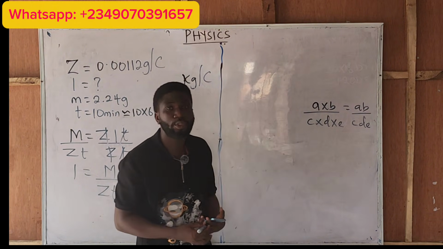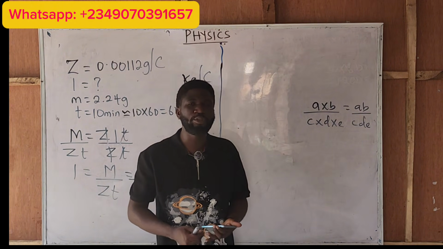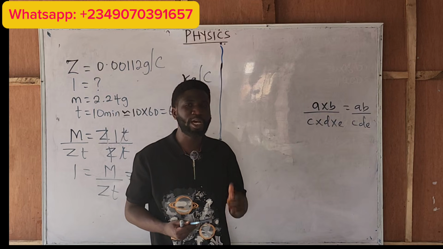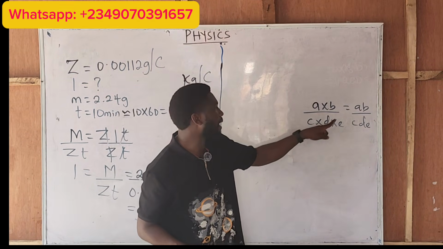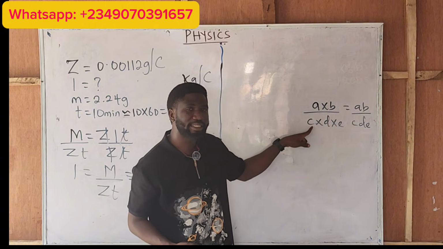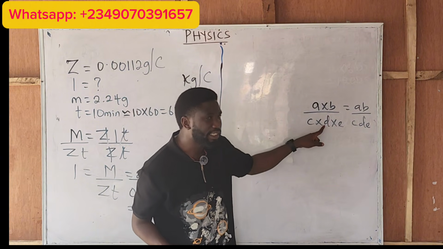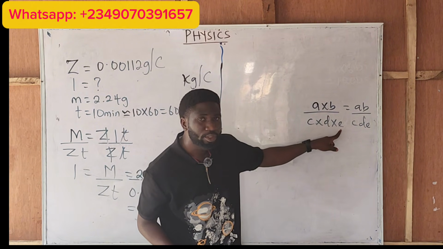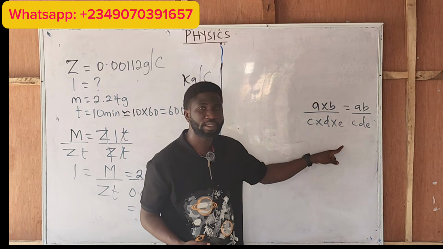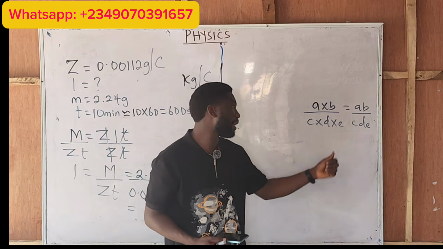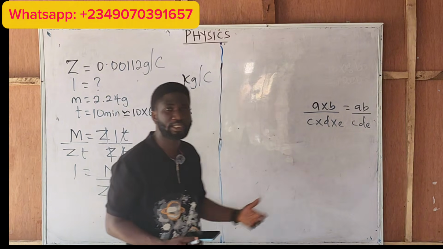If you do that, you are going to be correct, but you are wasting your time. Just say A multiplied by B, divided by C, divided by D, then divided by E. Do not say divided by C, multiplied by D, multiplied by E. Divide by C, divide by D, then divide by E, so you get your answer.